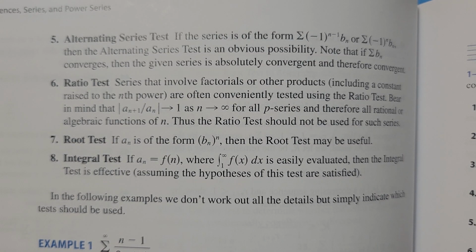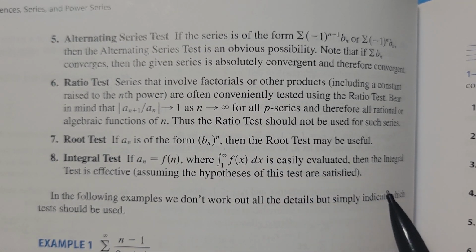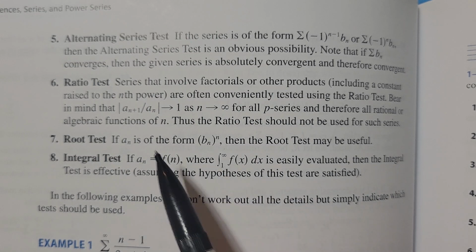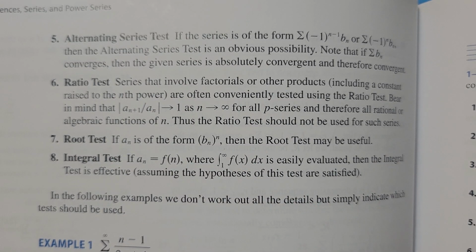Now sometimes the alternating series test is best tested with the ratio test. It says that series involving factorials or products raised to the nth power are used primarily with the ratio test, because you'll be able to get things canceling out there.